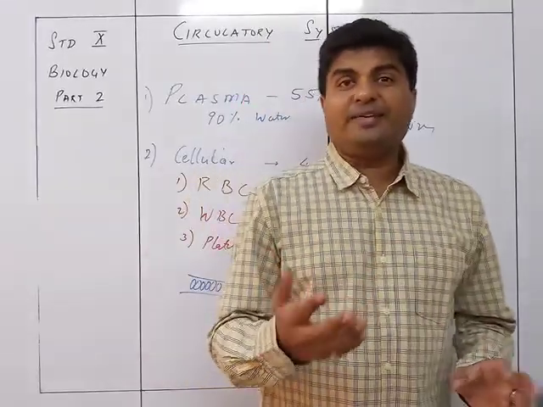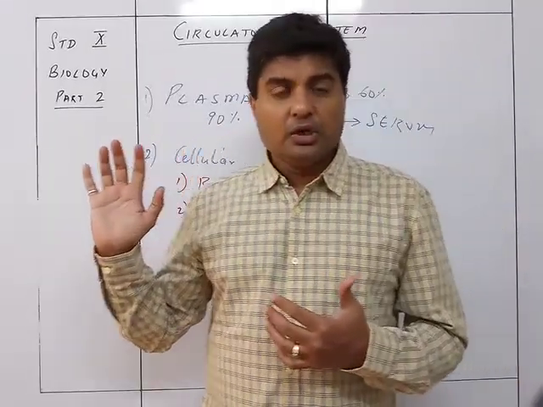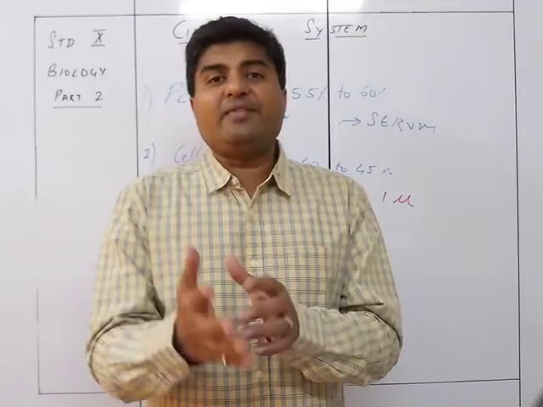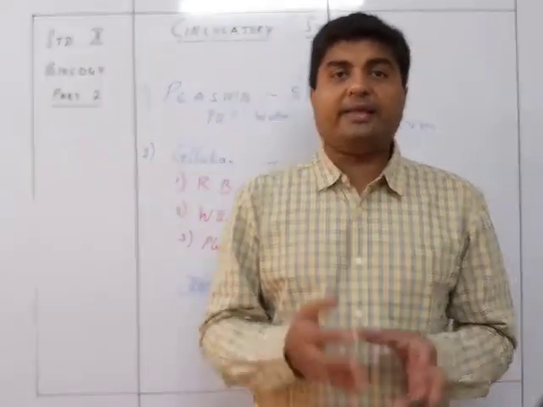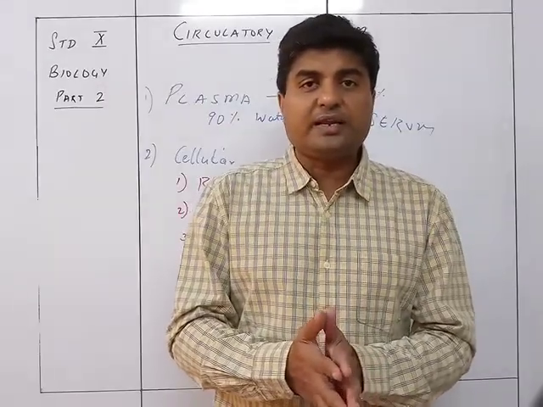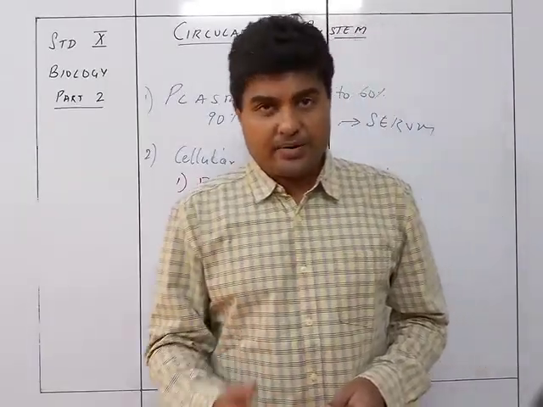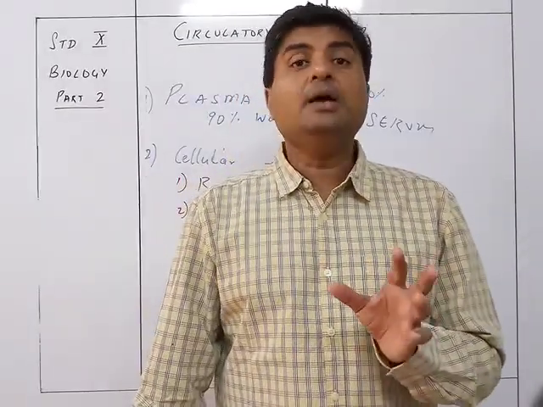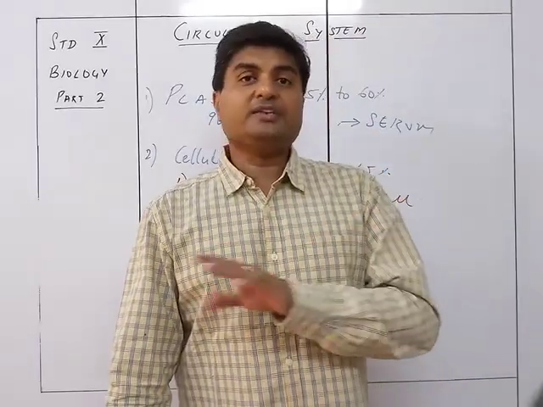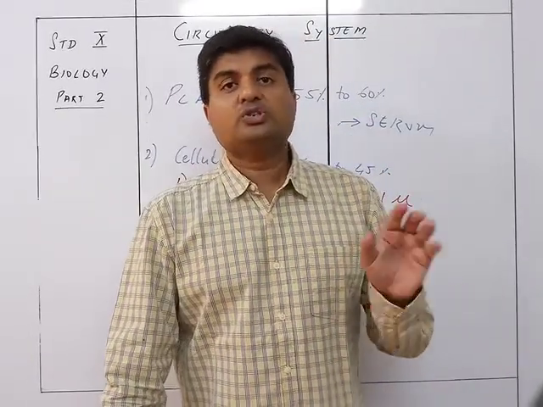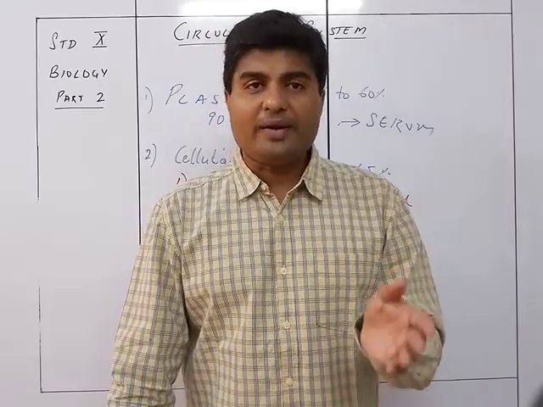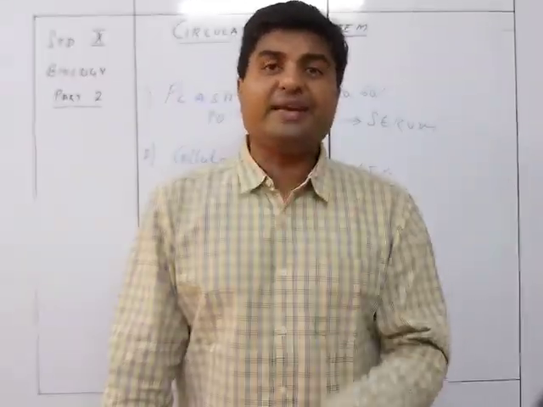Because RBCs are in so many millions, if each and every RBC has its own mitochondria and utilizes the oxygen which is there in the body, then the body will be deprived of oxygen. That's the reason the RBCs do not have mitochondria, so that there is no requirement of oxygen for the RBC itself.